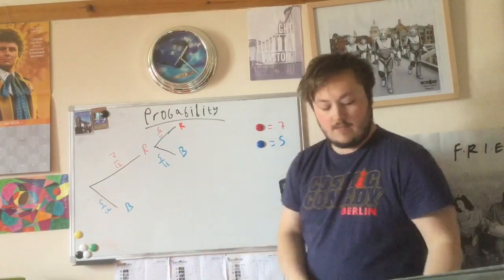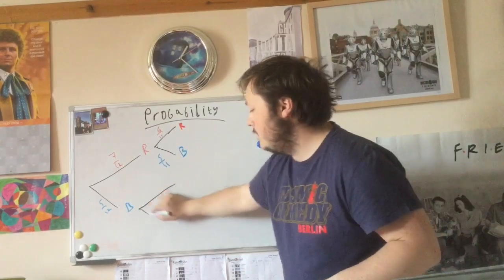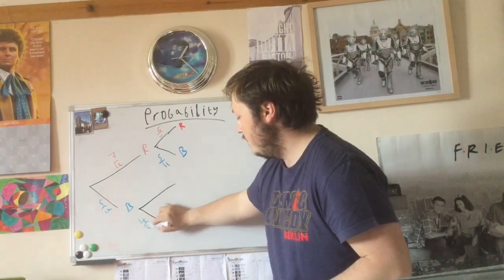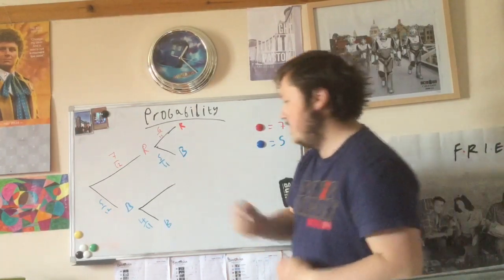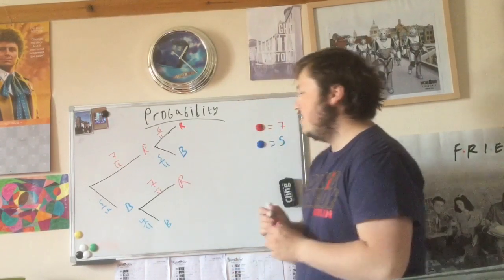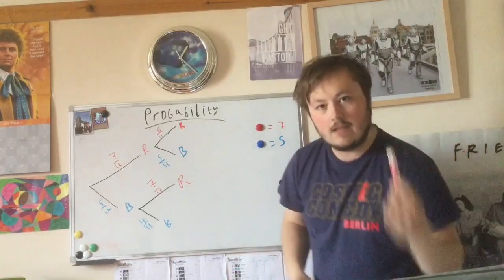What about down to this one? Well, if I drew a bead out the first time that was blue, that means there's 4 left out of a total of 11. And in the reds, well, I didn't draw a red one out, so that would still be 7 out of 11.